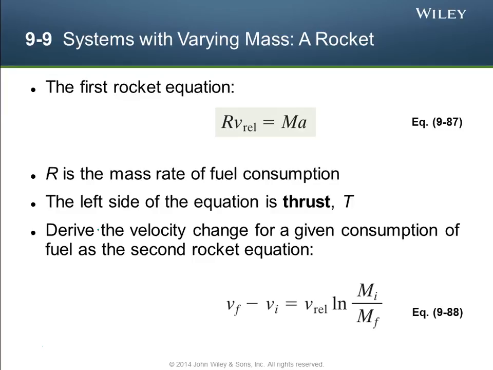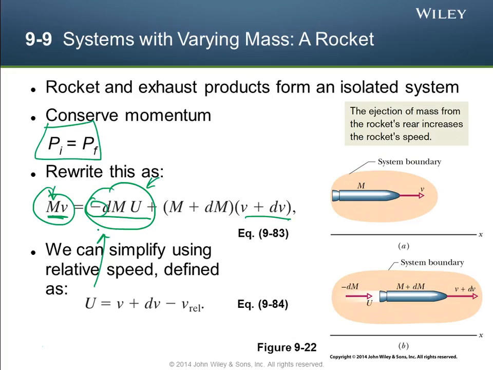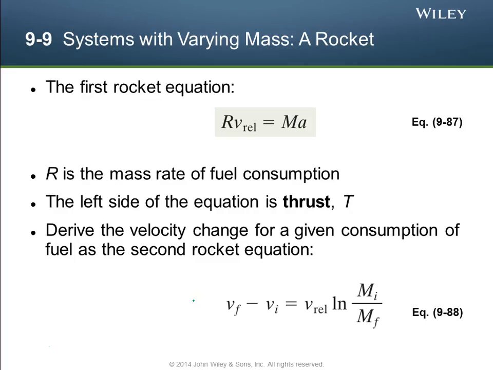So in using this equation back here and defining u as this here, we can come up with the first rocket equation, in that R, which is the mass rate, the mass rate of the fuel consumption, usually given in kilograms per second, we multiply by the relative velocity.